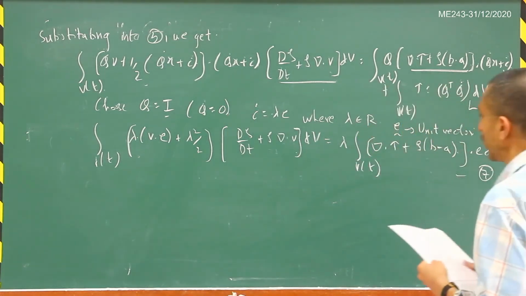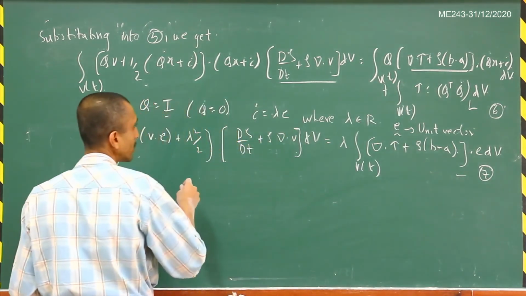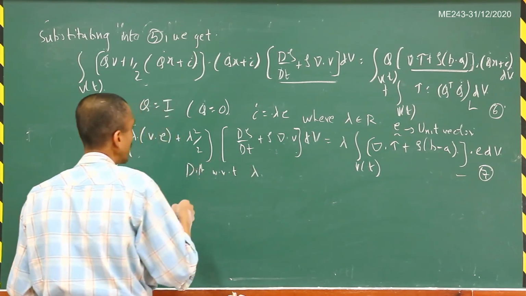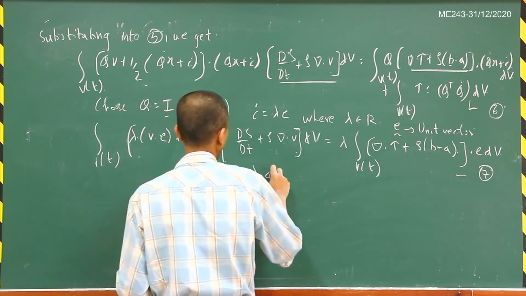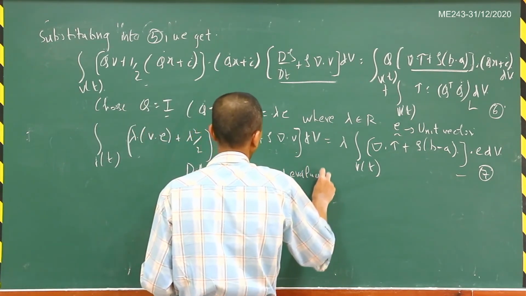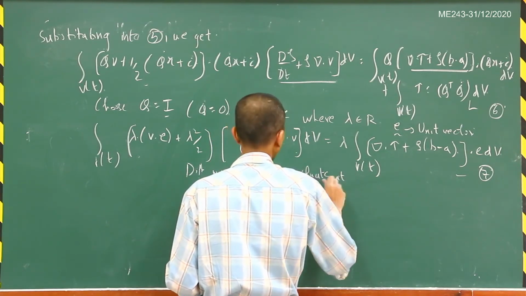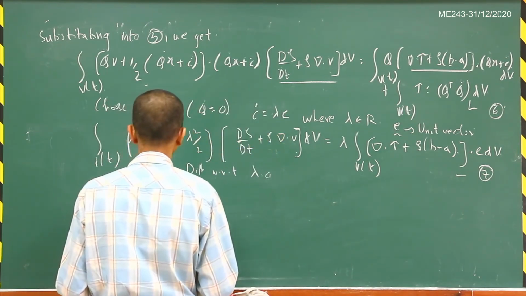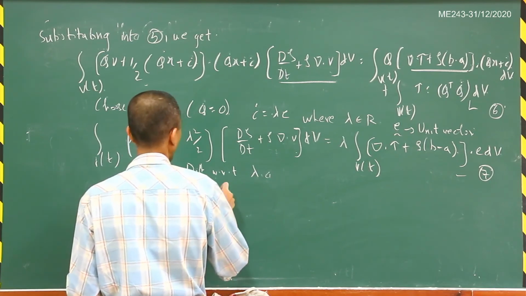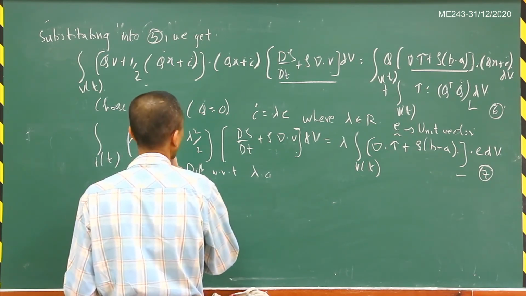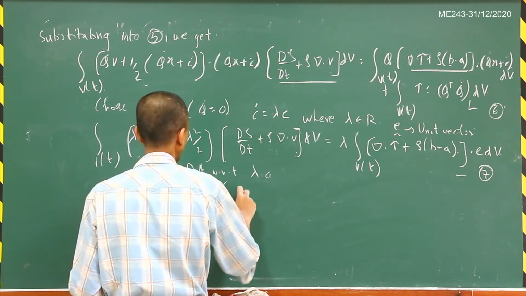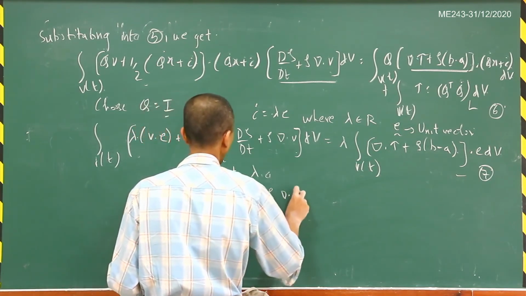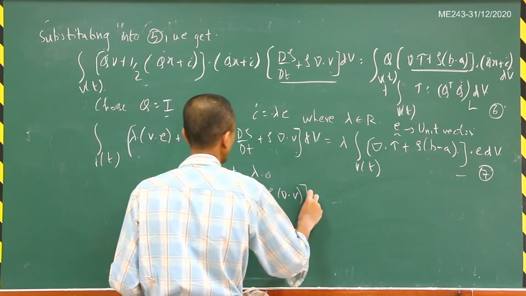Now differentiate with respect to lambda. Actually, differentiate twice with respect to lambda, and you get the integral of d rho by dt plus rho times del dot v times dV equal to 0.